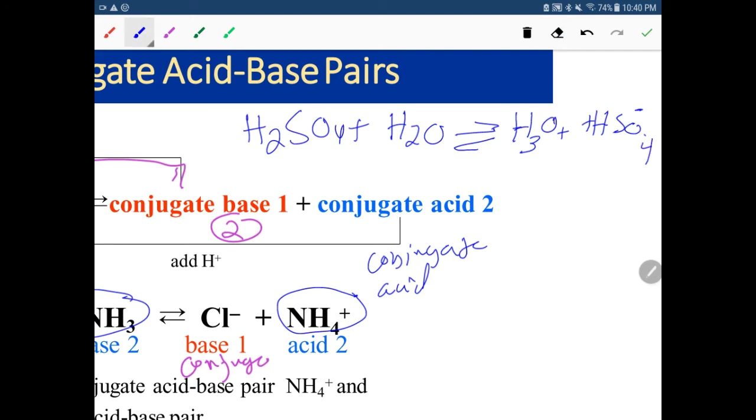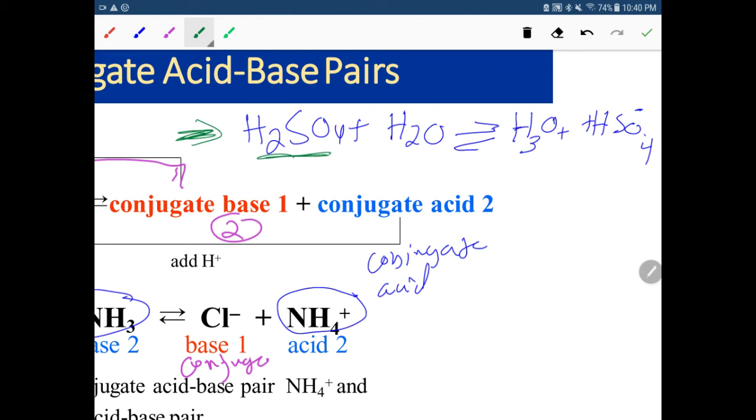Okay, so right now let's identify which one is the acid and which one is the base in this reaction. We have to identify them in the reactant side, and then we will be able to easily identify the conjugate acids and bases in the product side. So you have H2SO4 here in the reactant side, and in the product side is HSO4 minus.